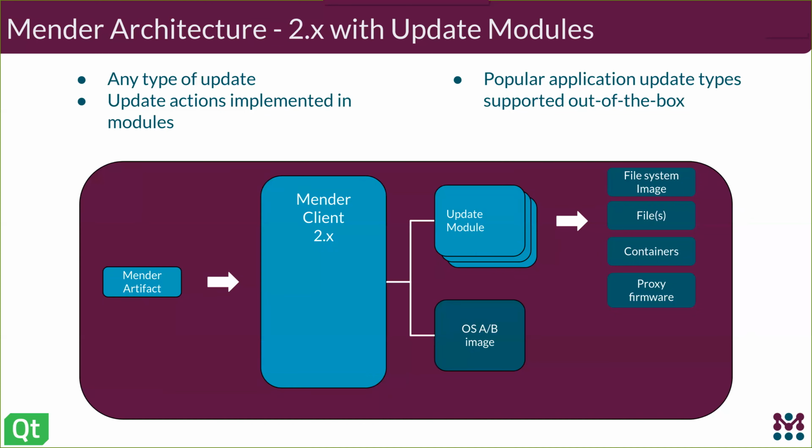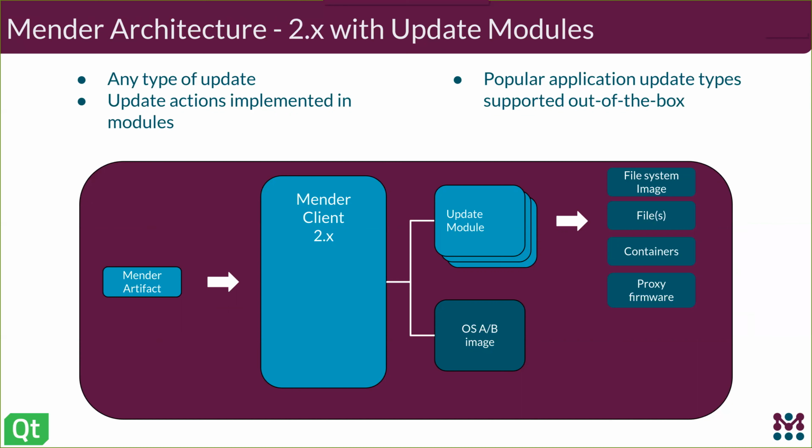So there are also other use cases that are supported by the Mender client, and this is going a bit into technical details, but I hope we can cover this a bit as well. The Mender client has a built-in updater, which does this OS A/B image style of update. But we also provide something we call the update module framework, which are extensions to the Mender client.